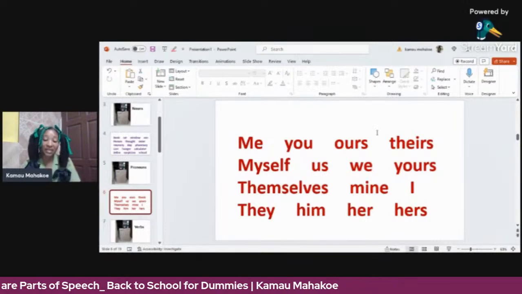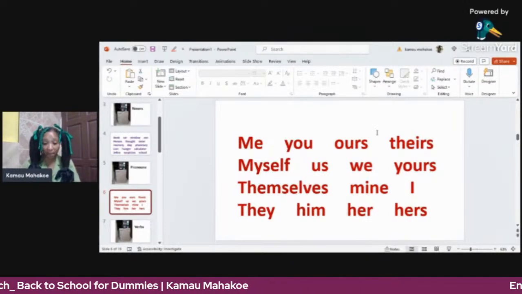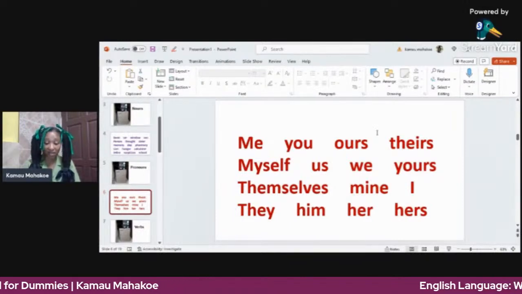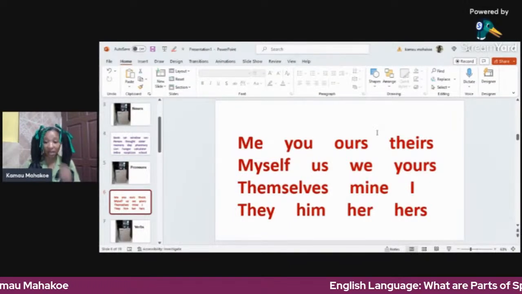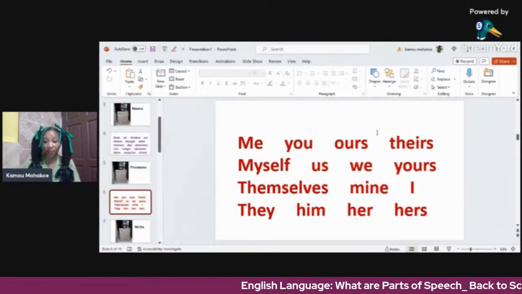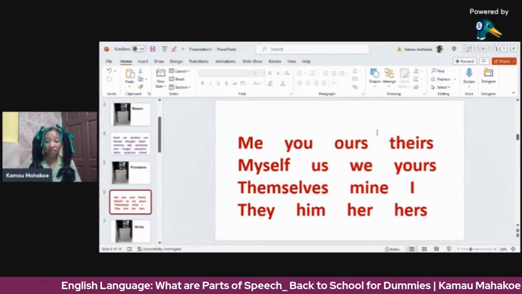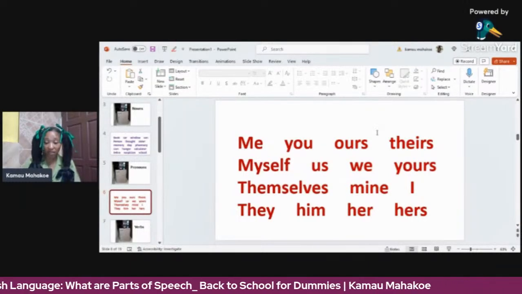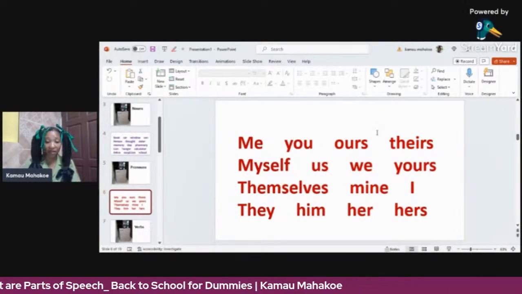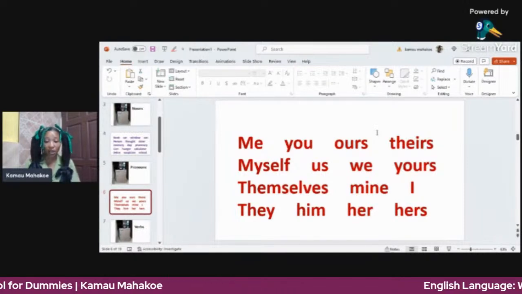You can use they or them to replace a string of names of persons. Likewise with us, we. If 5 of you are doing something, instead of writing out the 5 names, you can just say we are doing the thing.